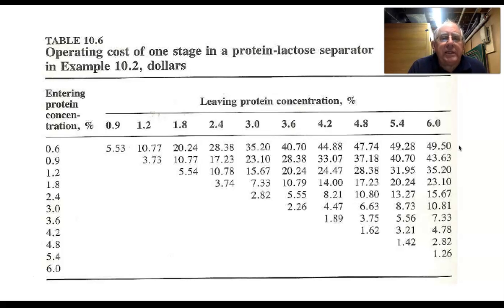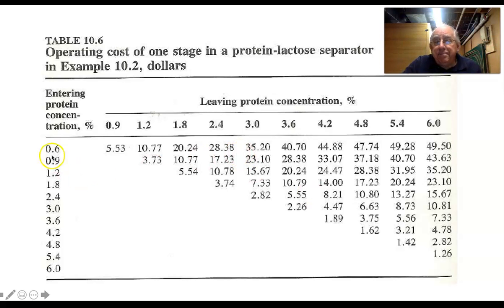Okay, but in our particular case, we have the possibility of setting up 4 of these separators and determining if there is a minimum cost that we can effect by utilizing less expensive separators in a string. And so this table will allow us to obtain all of the various costs.